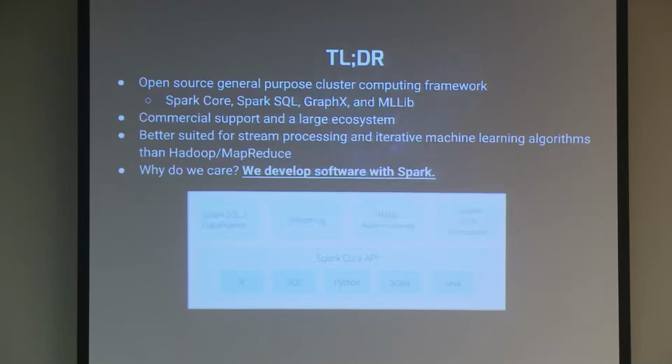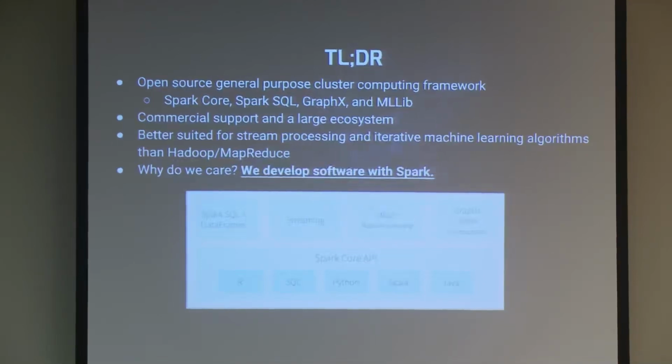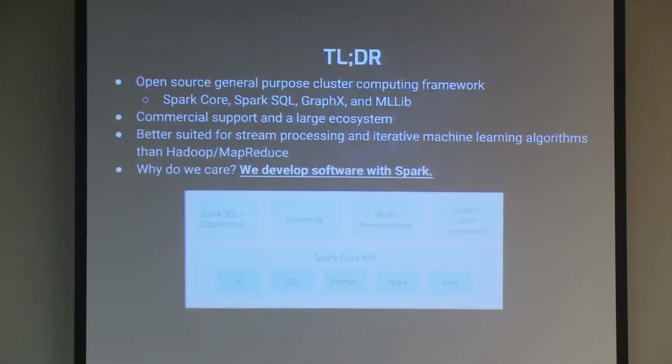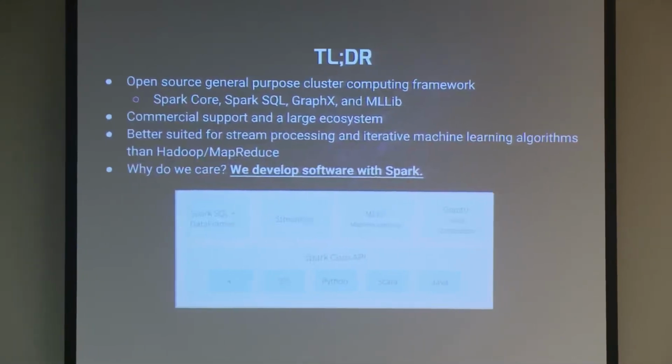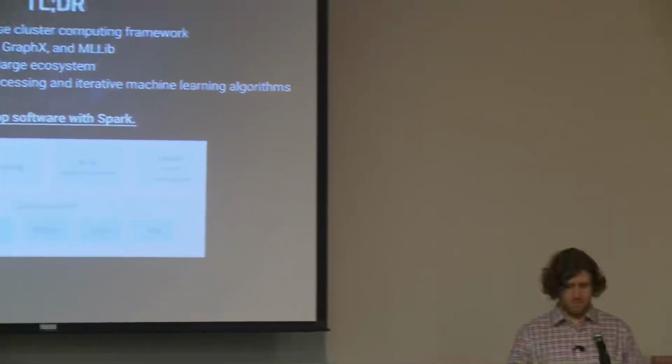Now, how many of you are familiar with Hadoop? MapReduce, yes, somewhat. Okay, so Spark is similar to Hadoop, except it has significant advantages in the form of speed. The reason is Spark performs its functions in memory, in-line streaming, versus Hadoop, which has to read from disk in batch processing.